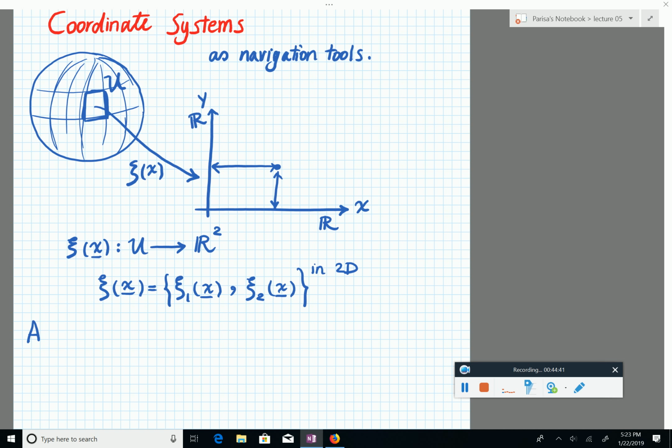So it's a procedure. You need to define a few things, as you will see, to get there. And that's what we are going to do for both Cartesian and polar coordinates.